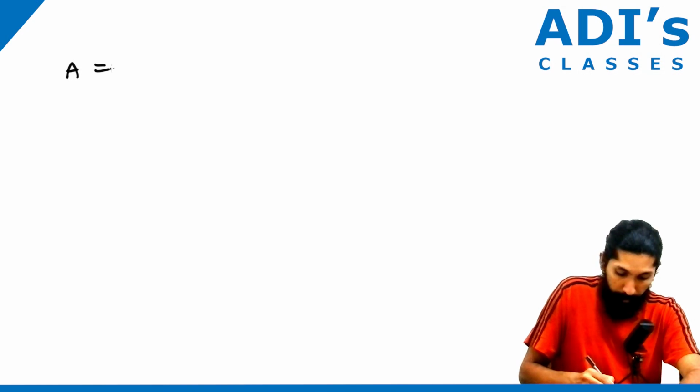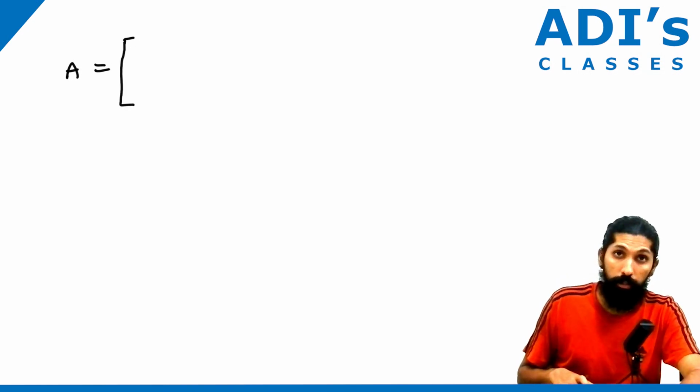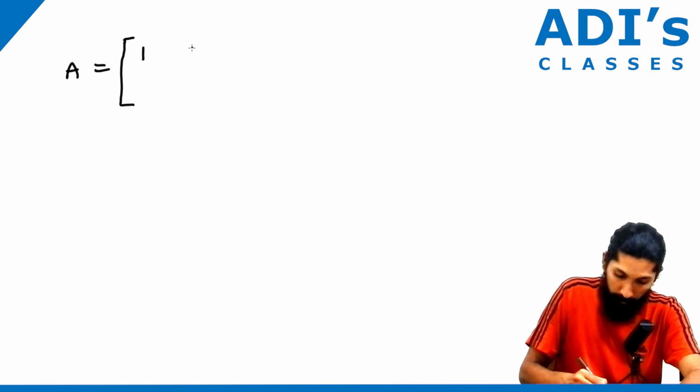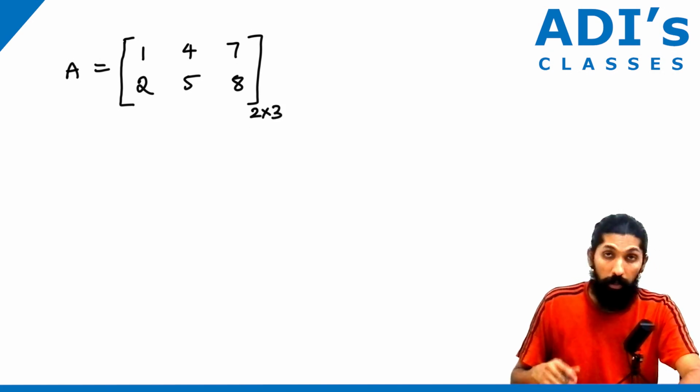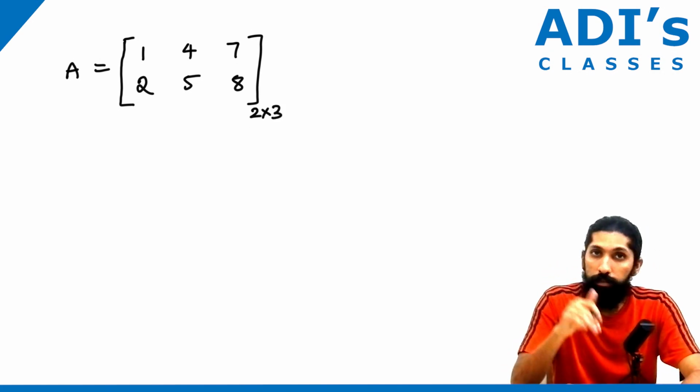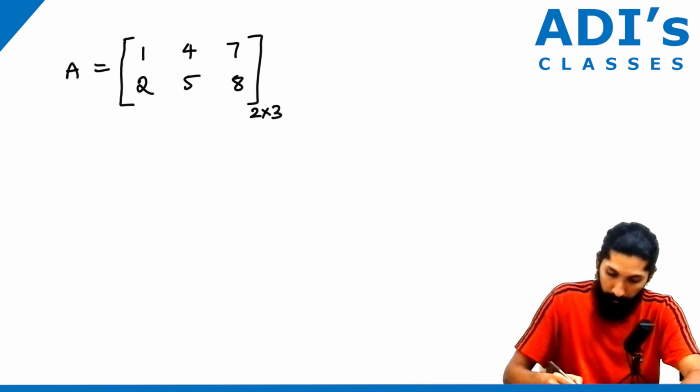Let's suppose we take 2 cross 3: 1, 4, 7, 2, 5, 8. This is 2 cross 3. That means the next one needs to have 3 cross something, correct?